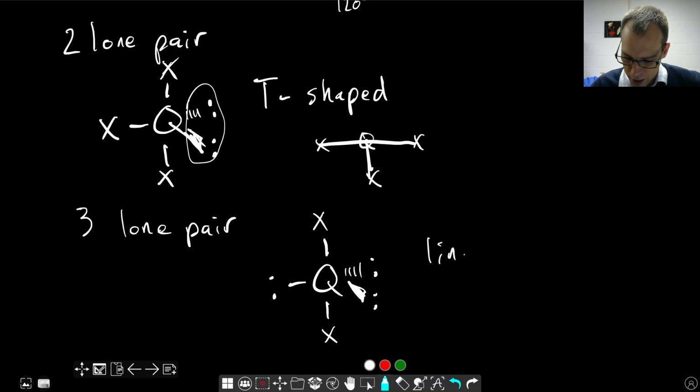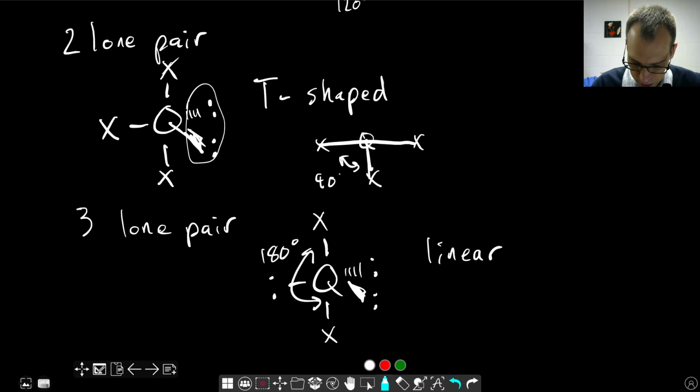And this is just another way to get a linear molecule. If we ignore the lone pairs, this angle here and this one will actually be exactly 180 degrees because the lone pairs are pushing on both of them the same amount. So we end up with a linear molecule. Again, with the T-shaped, these are 90 degrees, but are going to be a little bit less than 90 degrees.